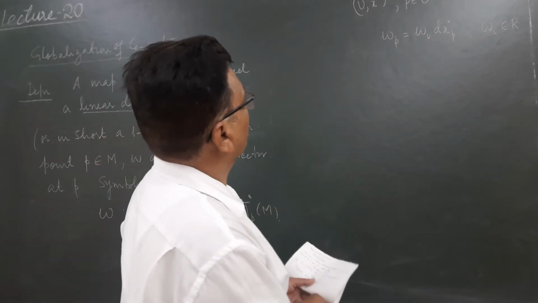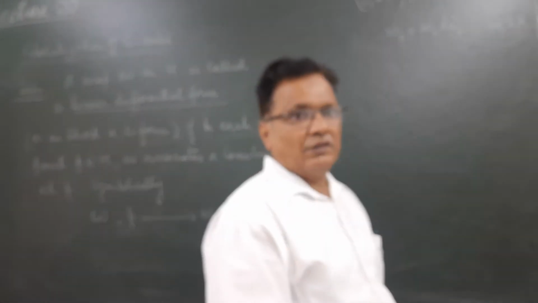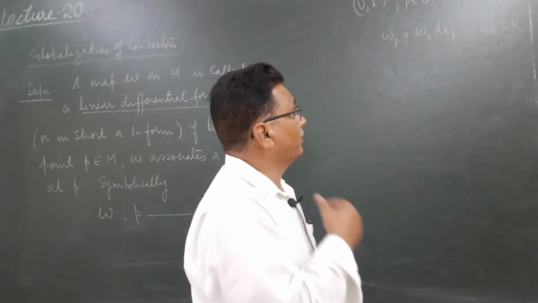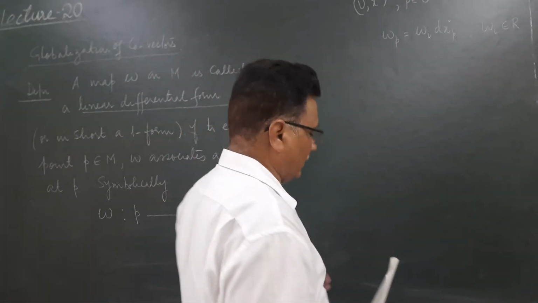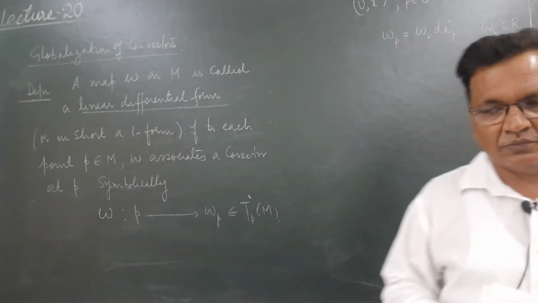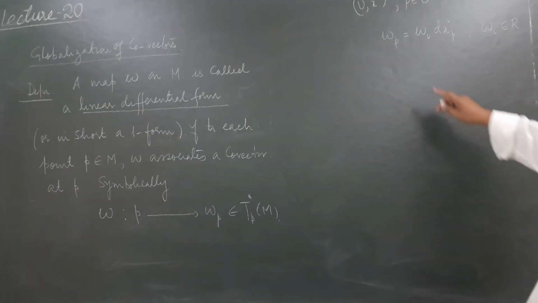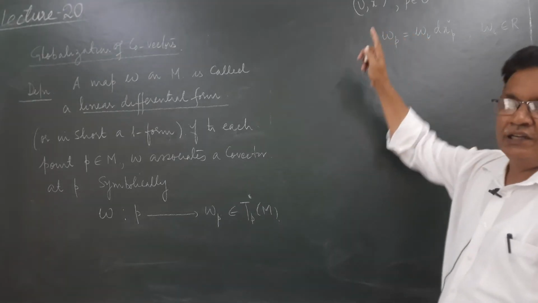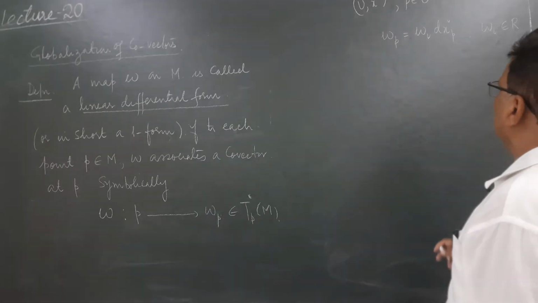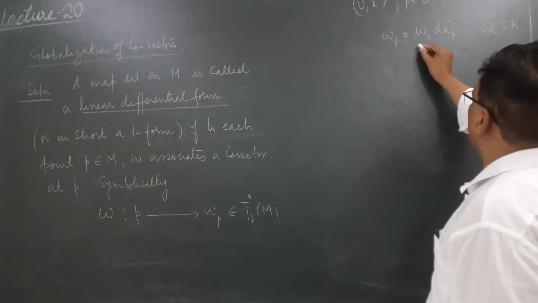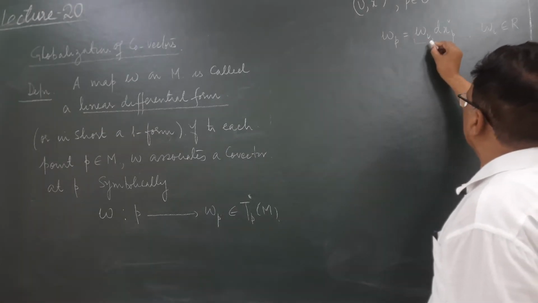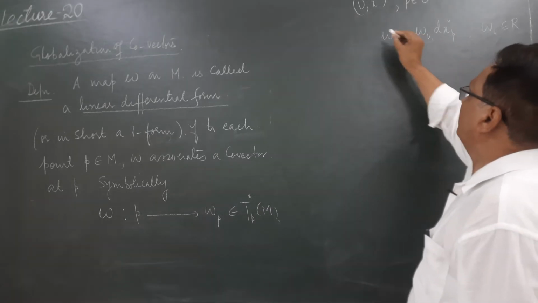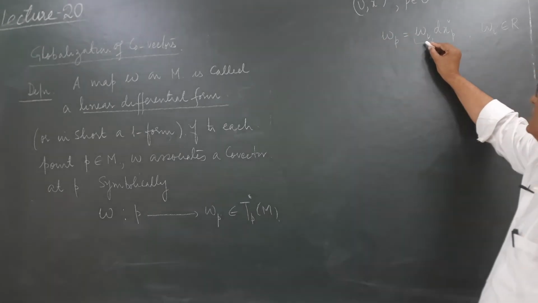All right. So we were talking about the globalization of the covectors. We will call them one forms. As you know, a one form at a point P has this expression on a coordinate neighborhood U. So what I want to do is think of a function whose value at every point in U is omega i.